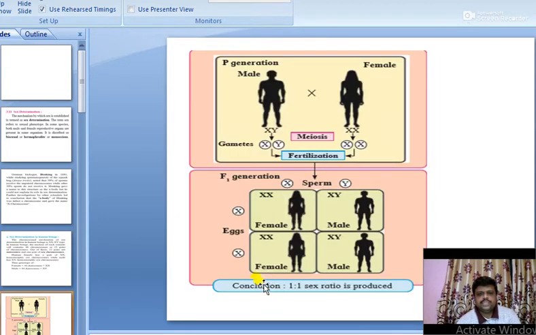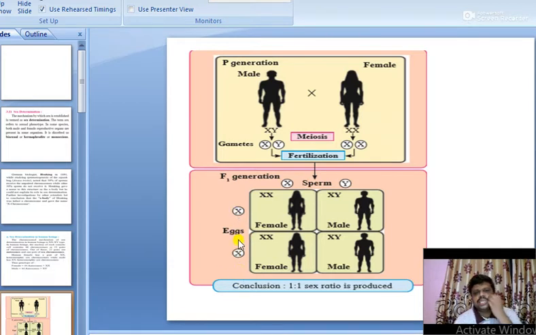Let us see the cross. When this male marries this female, the male will produce two types of gametes, X and Y, and the female will produce gametes that are both X. After fertilization, shown by the checkerboard, male gametes are written above the checkerboard and the female gametes are shown towards this side.